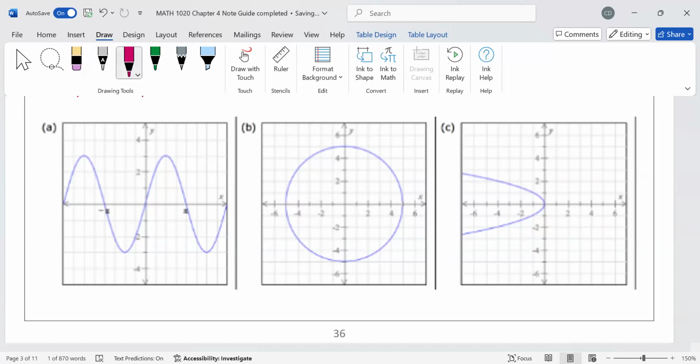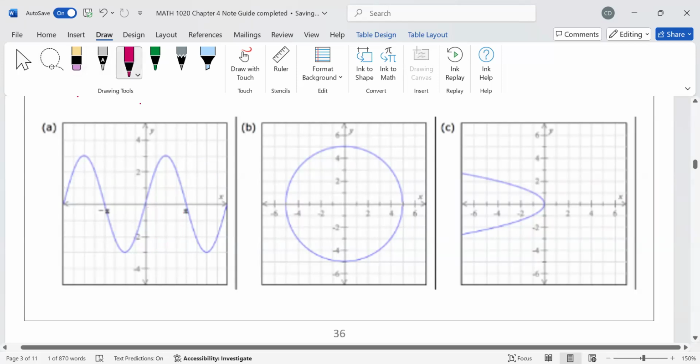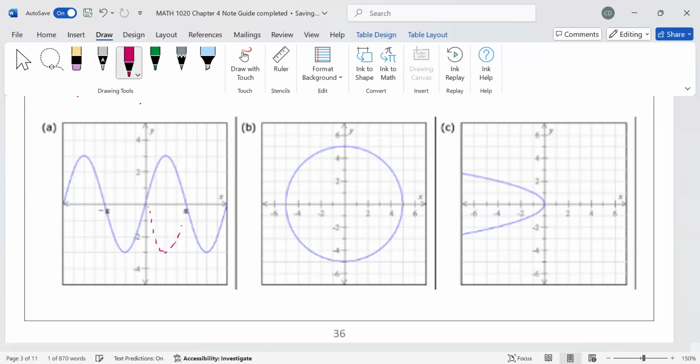If I fold on the Y, it's also not going to match up. What about if I double fold? All right, so fold over the Y and then fold over the X. It will match up. So this is symmetry about the origin. So it is odd.